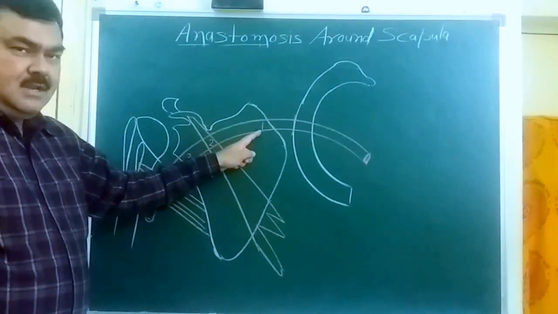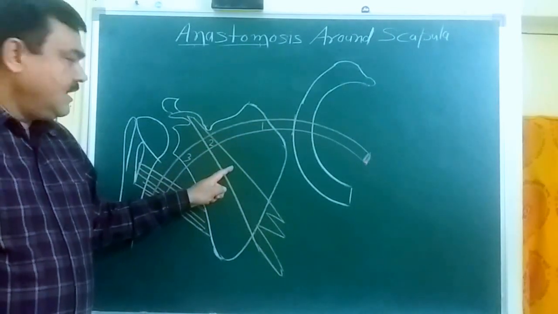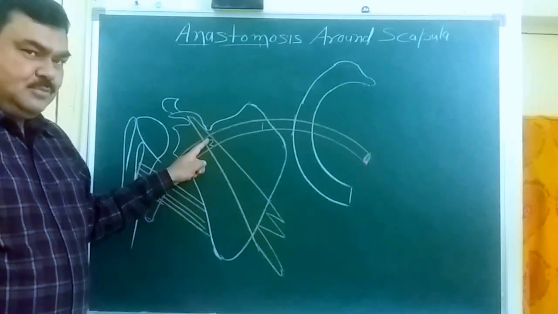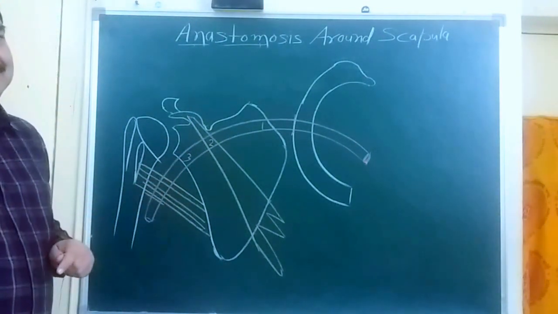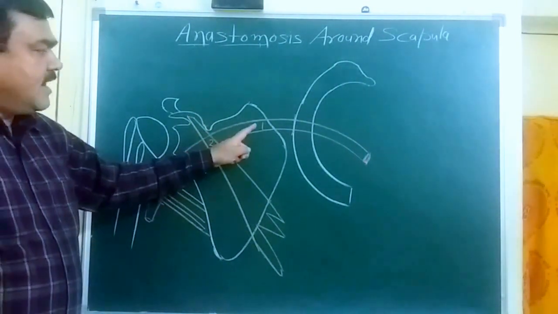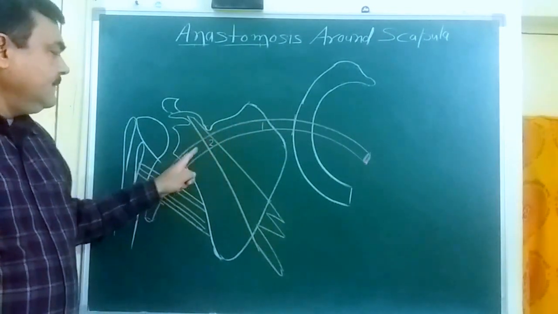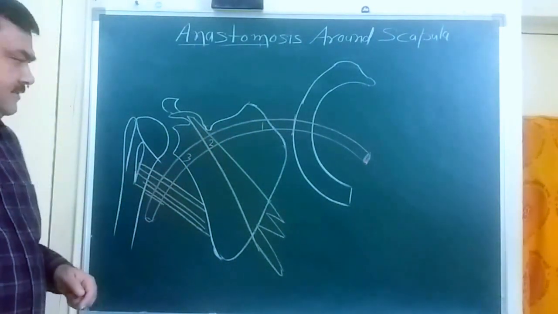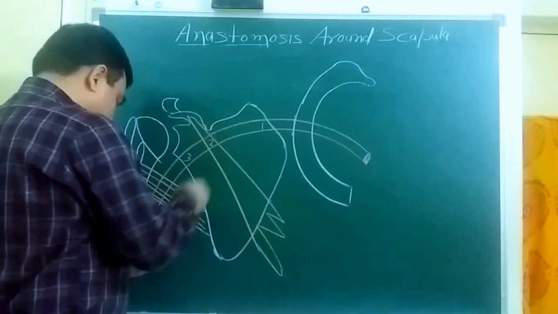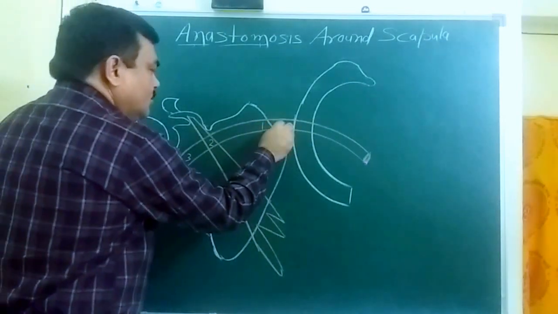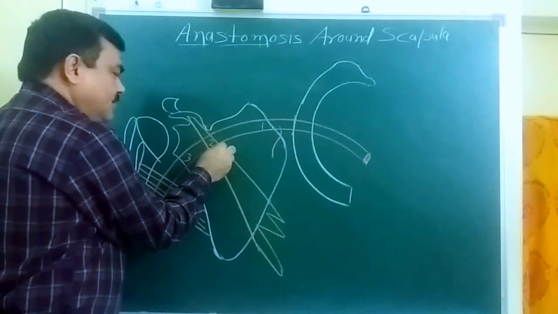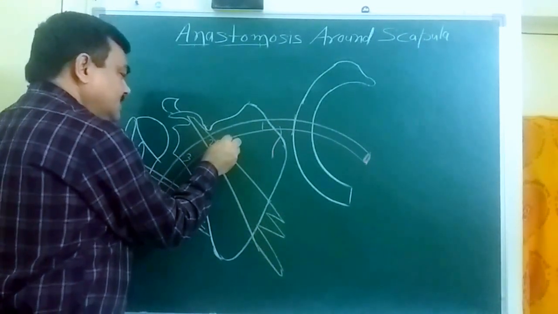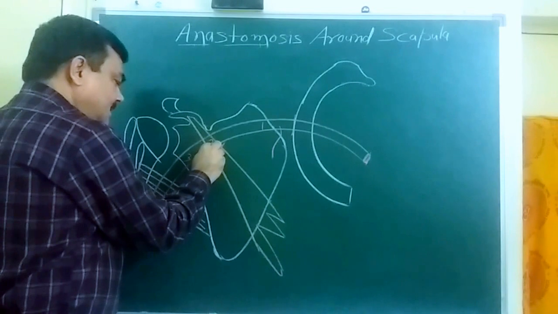The first part is proximal to pectoralis minor, the second part is deep to it, and the third is distal. The first part gives one branch, the second part gives two branches, and the third part gives three branches. The first part gives one branch, the superior thoracic. The second part gives two branches, the acromiothoracic and the lateral thoracic.